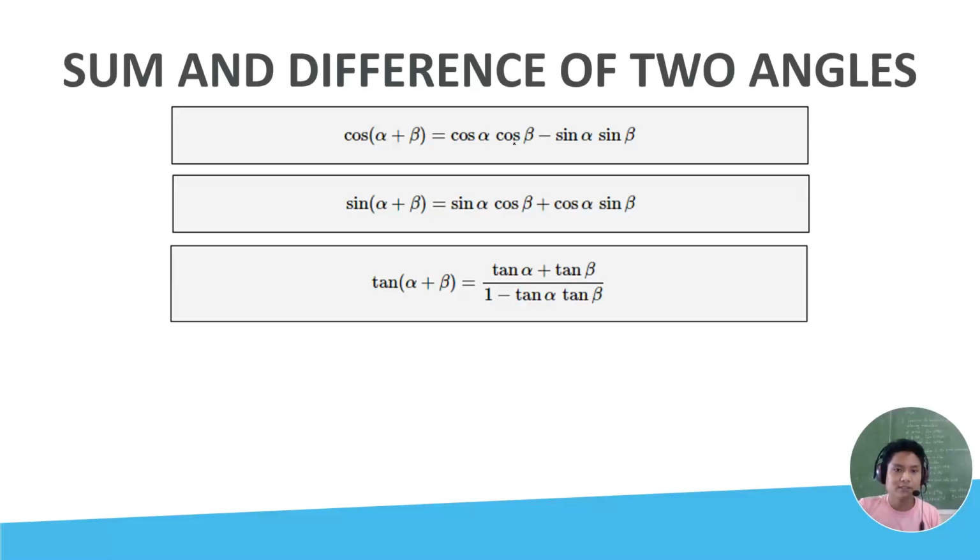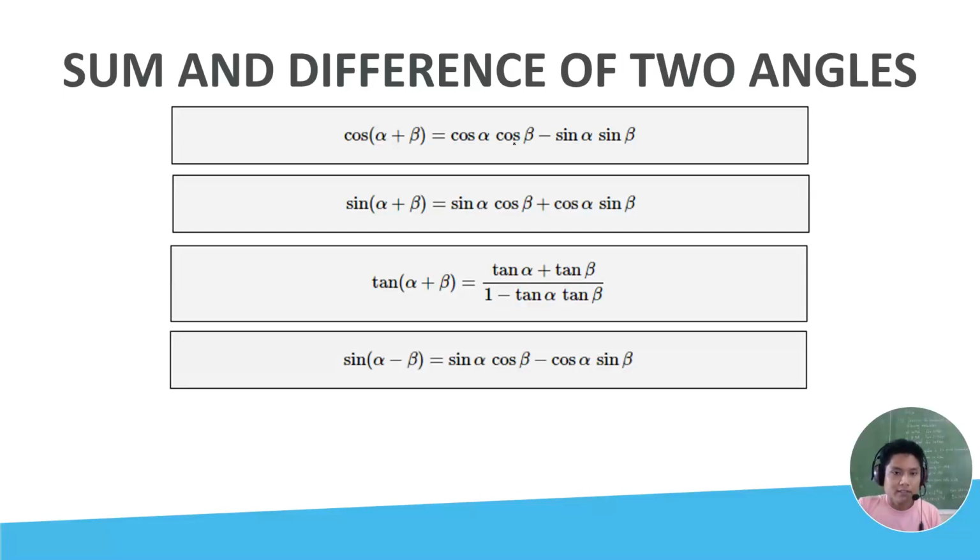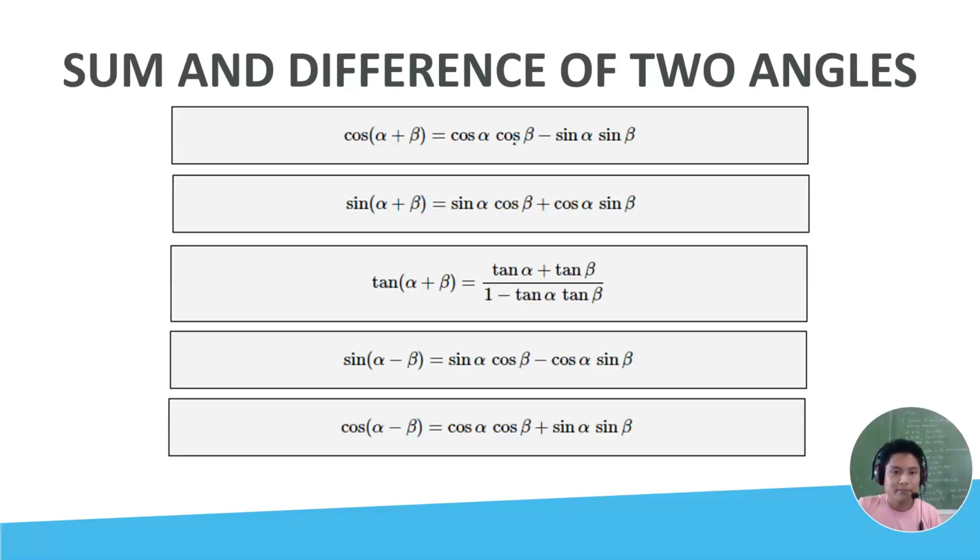Tangent of the sum of alpha and beta is equal to tangent alpha plus tangent beta divided by 1 minus tangent alpha tangent beta. Sine alpha minus beta is sine alpha cosine beta minus cosine alpha sine beta.